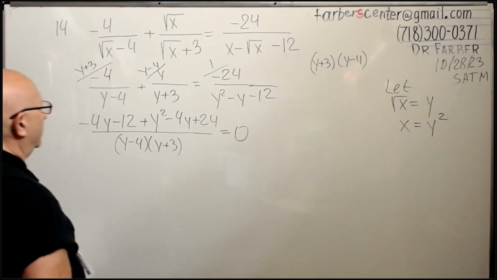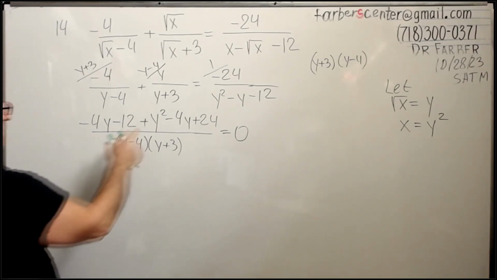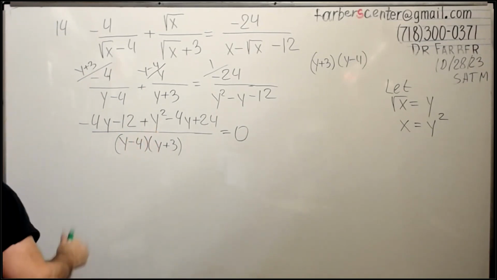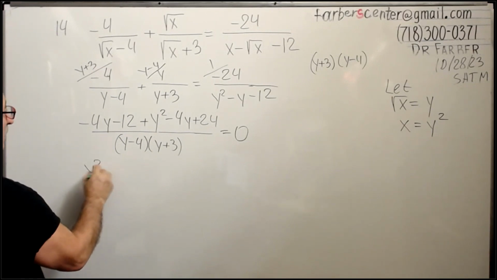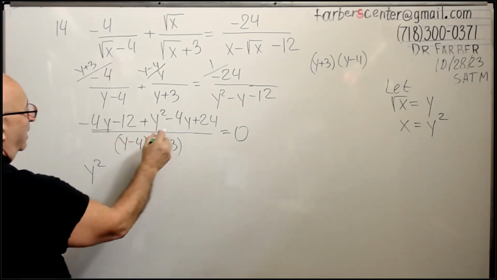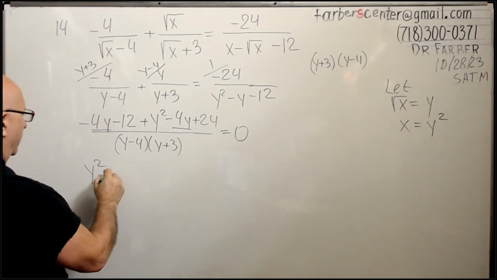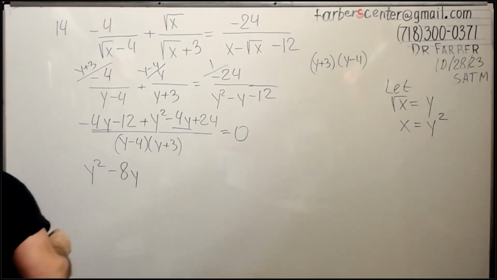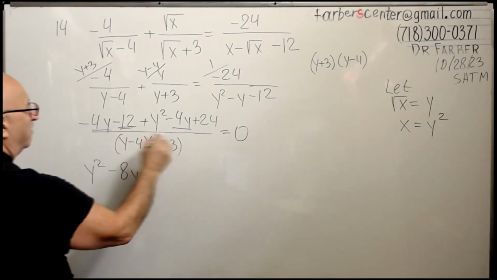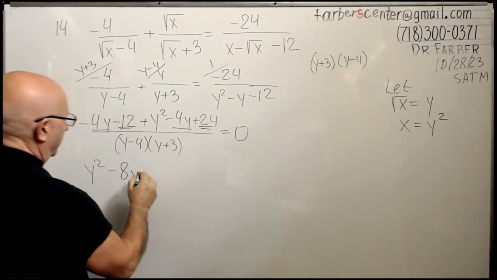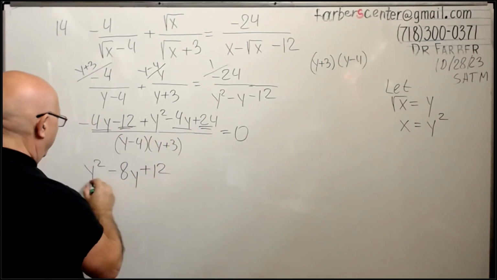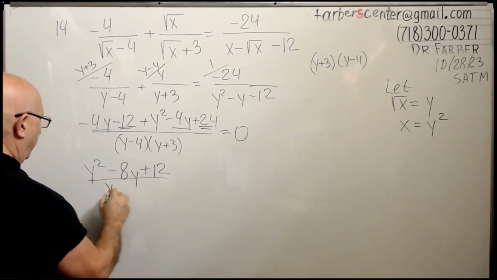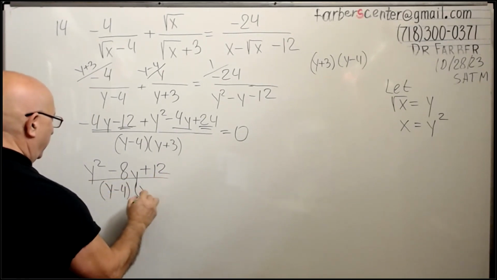Now combine like terms. We have y to the second, minus 4y and minus 4y, minus 8y, minus 12 and plus 24, plus 12, divided by y minus 4 times y plus 3.